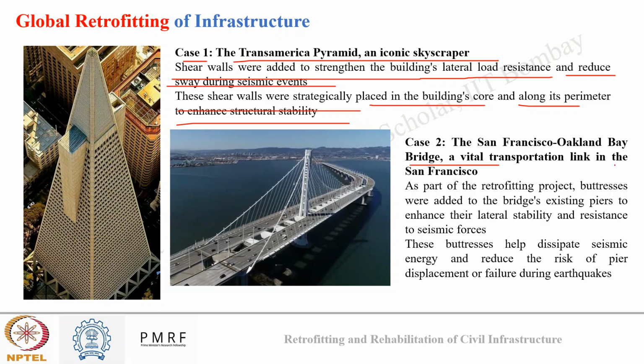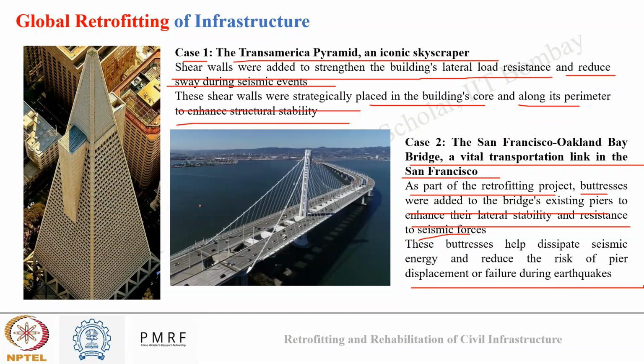And the second example you can see is a transportation bridge in San Francisco, where, as a part of a retrofitting project, buttresses were added to the bridge's existing piers to enhance its lateral stability and resistance to seismic force. These buttresses help the structure dissipate seismic energy and reduce the risk of displacement or failure during the earthquake.